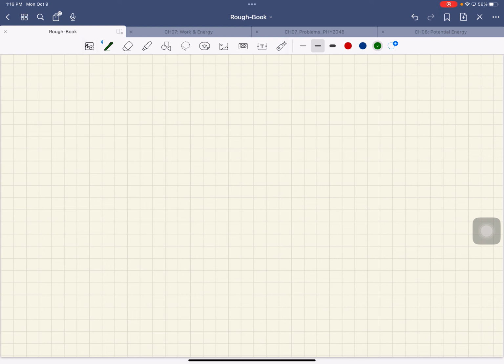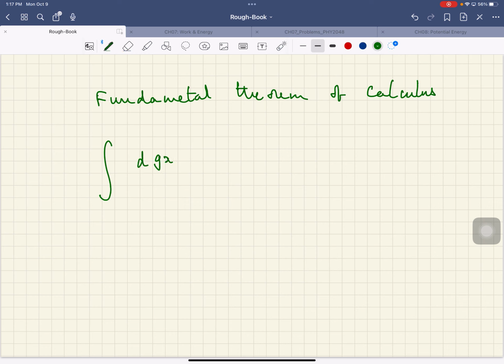All right, so you guys know the fundamental theorem of calculus. Integration is sort of an inverse of a derivative.